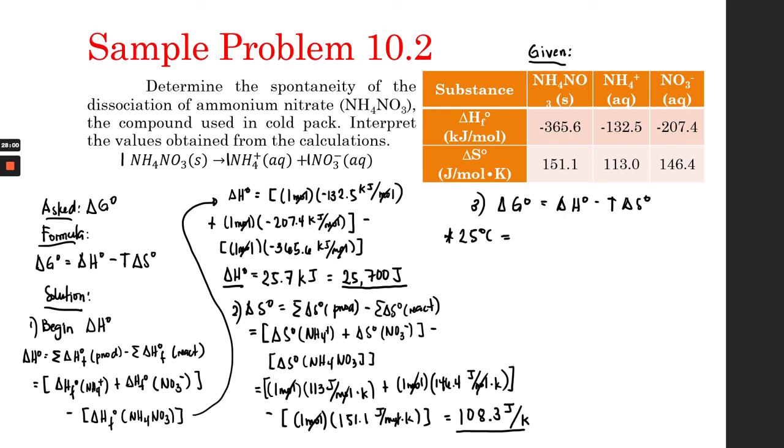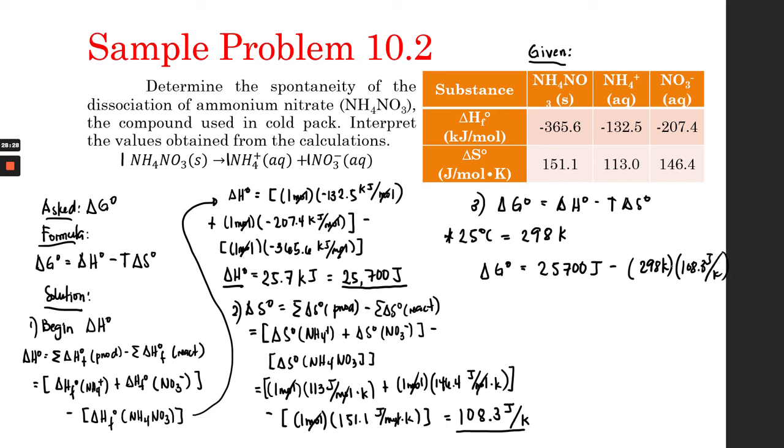25 degrees Celsius is actually equal to 298 Kelvin. Just remember that. Now we can solve for delta G, which is 25,700 joules minus the temperature, which is 298 Kelvin, multiplied by the delta S, which is 108.3 joules per Kelvin.